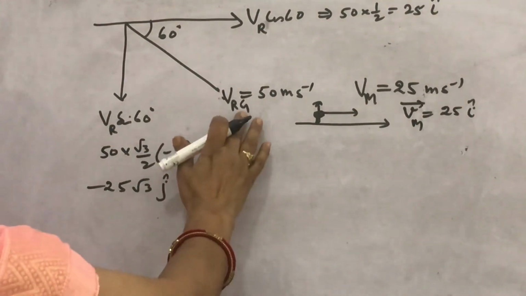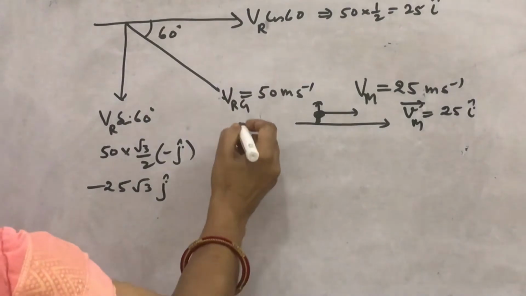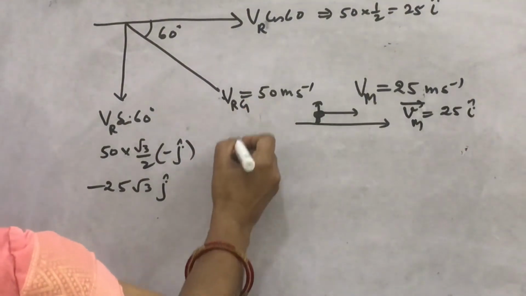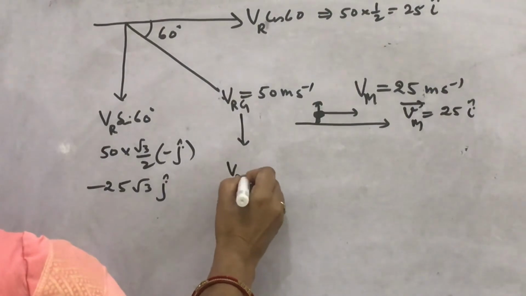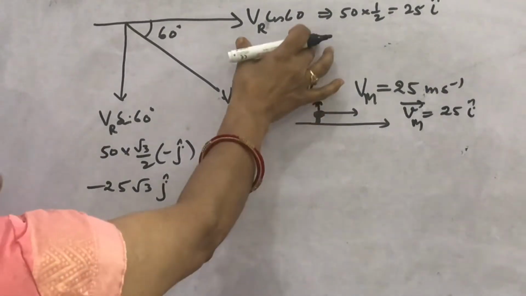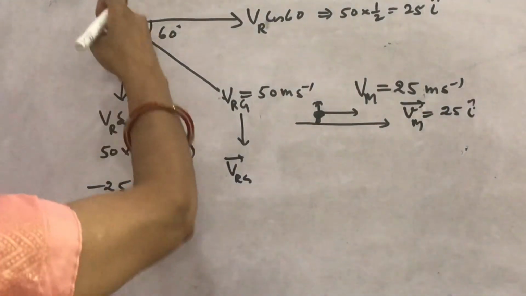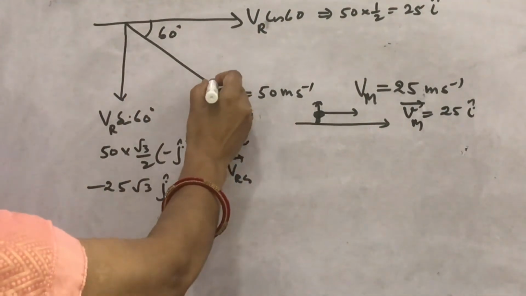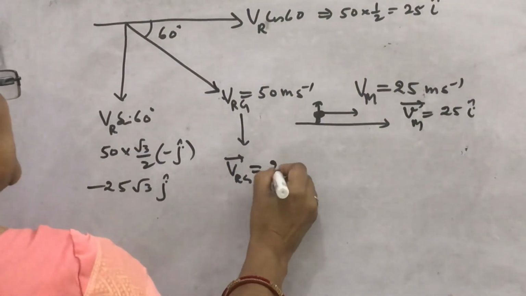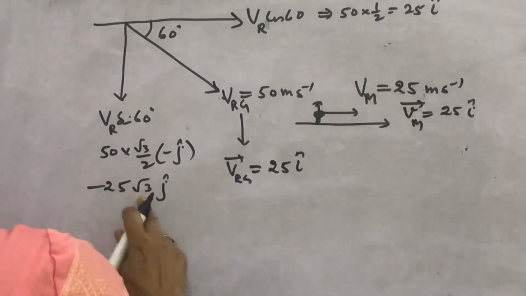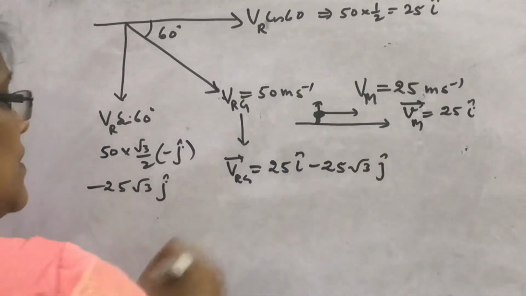What can you write for this speed of rain in vector form? The vector VRG will be equal to the sum of these two vectors. We have learned vector addition, these two vectors have their equivalent vector in this direction. What will you write here? This is positive, so you write 25 i cap, and this is minus 25 root 3 j cap.